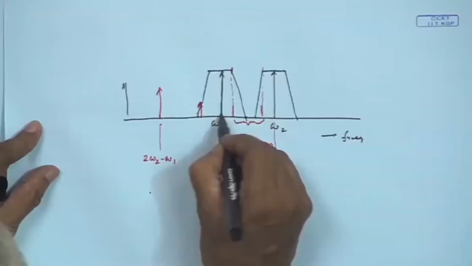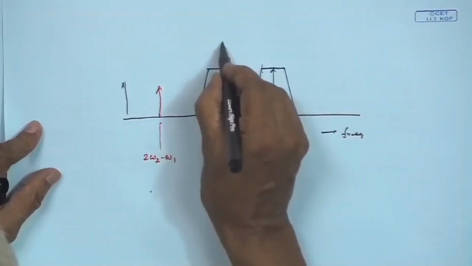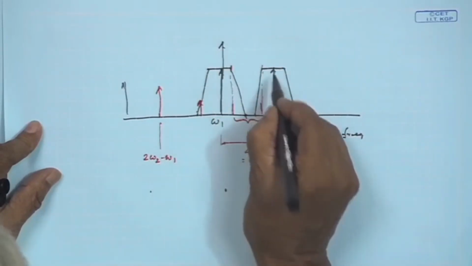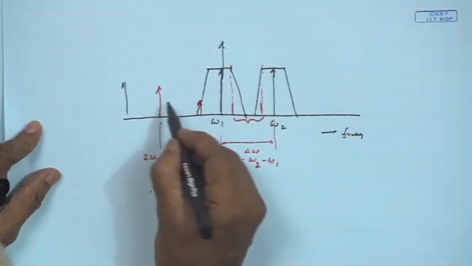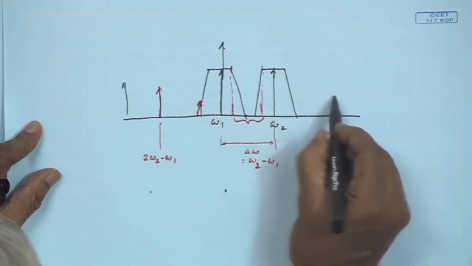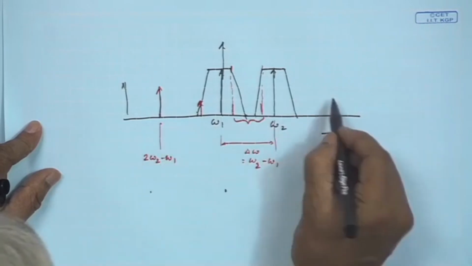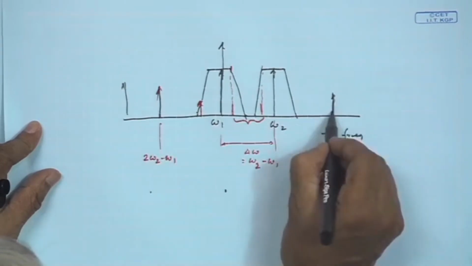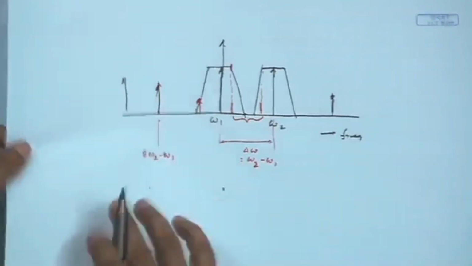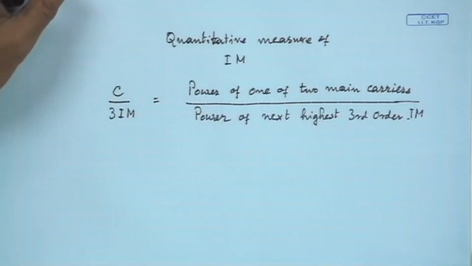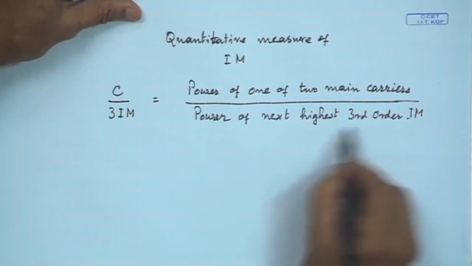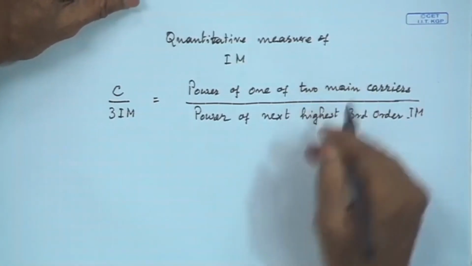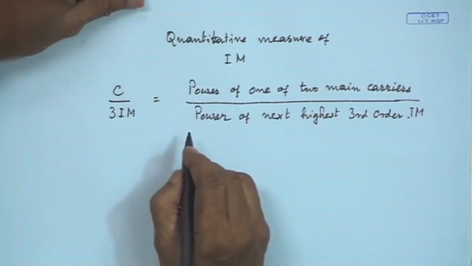If one carrier is larger than the other, their intermod products on both sides may not be of the same size. One of them will be higher than the other. So, the ratio defined is with the highest size third order intermod. This is the definition.